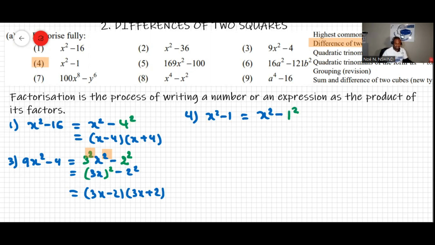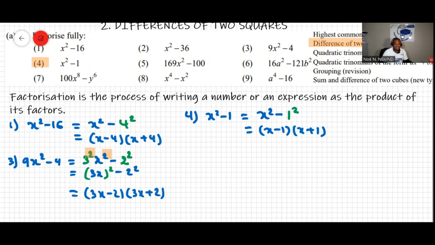In this case, this will be equal to (x minus 1)(x plus 1). See? I'll leave question 5 for you to do because it's similar to question 3 we did earlier. I'll leave also question 6.